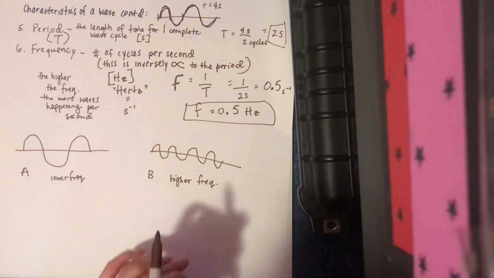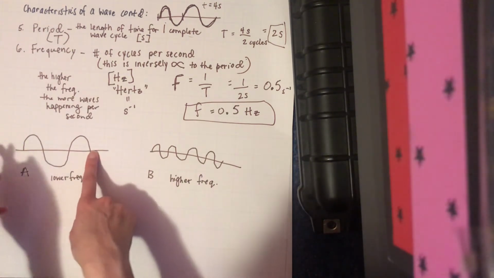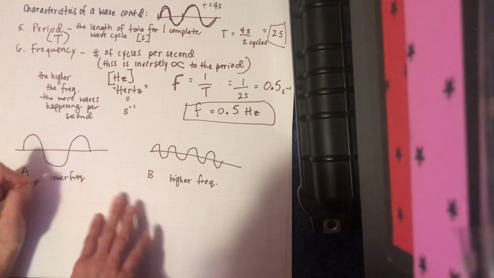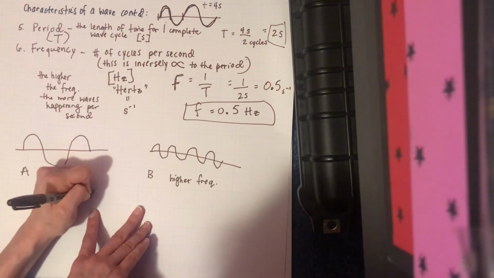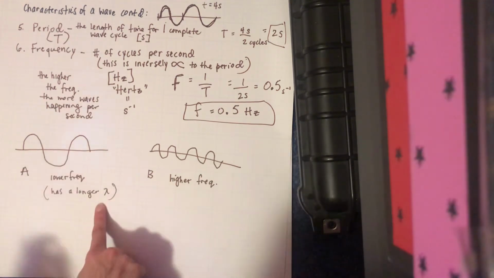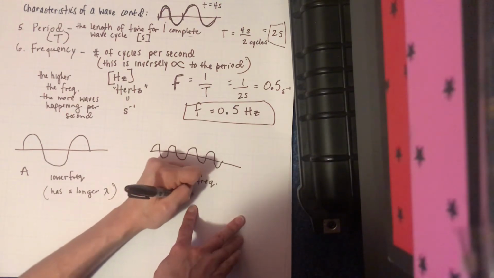On the contrary, what you'll notice is that this lower frequency wave has a much longer wavelength, or lambda. This has a shorter wavelength.